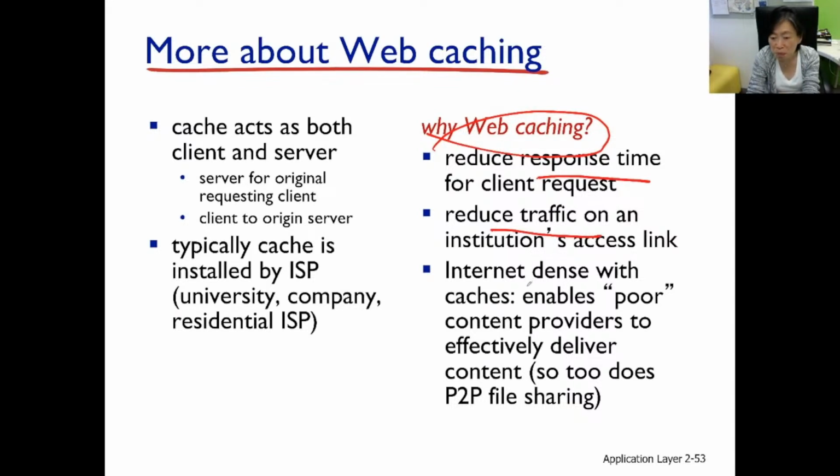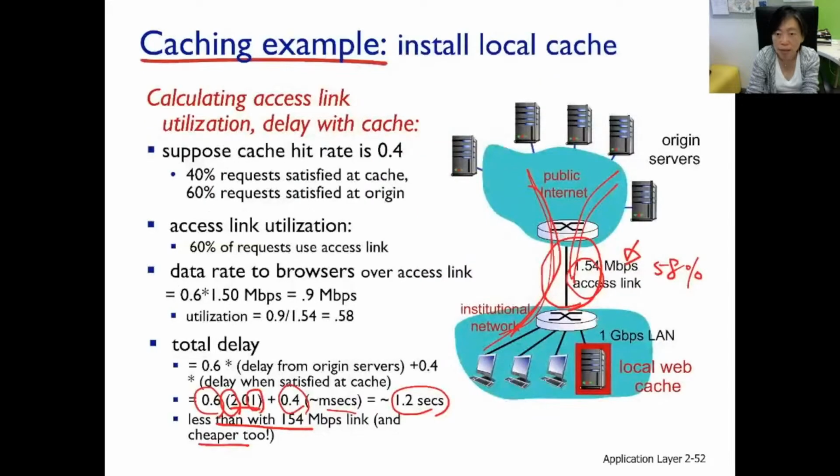Now, an extra benefit we didn't talk about, because we did not assume the uplink bandwidth of the server being the bottleneck. If the server is poor, meaning having poor content providers out there, then, let's say that the server here is poor. It cannot afford a high bandwidth uplink.